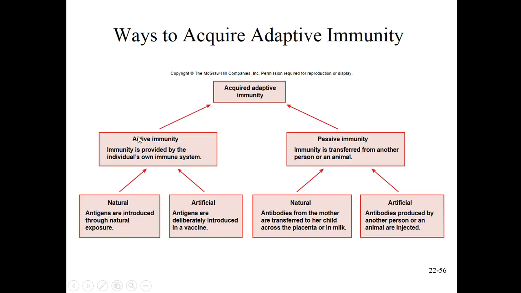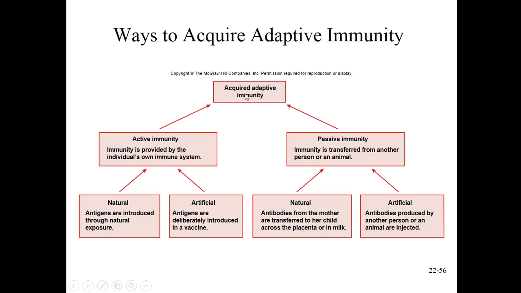Natural active immunity means that I got the virus the old-fashioned way, through my food or through my respiratory membranes, or somehow I was infected and my body went through all of the processes that we've learned about in this video, and I am now immune to it.